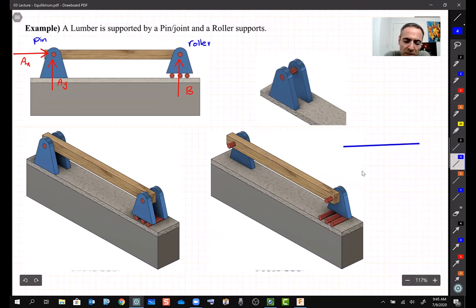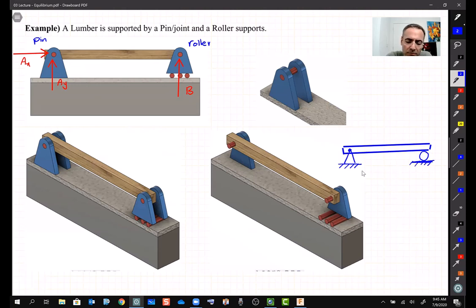We may just draw a beam like this one. And for the support, remember, we just show something like that, a triangle with a pin. Sometimes something like that, or if we have more time, maybe we draw something like that.